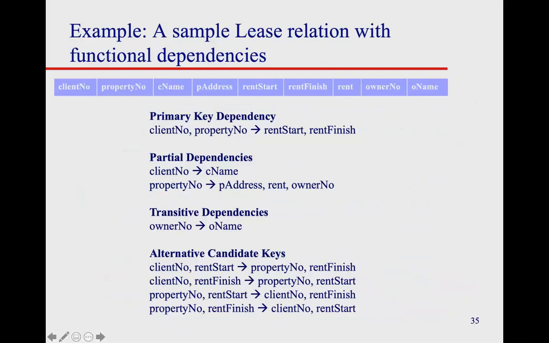So let's say that instead of choosing the client number and property number to be the candidate key, we instead chose the client number and rent start to be the primary key. And it determines the property number and the rent finish.